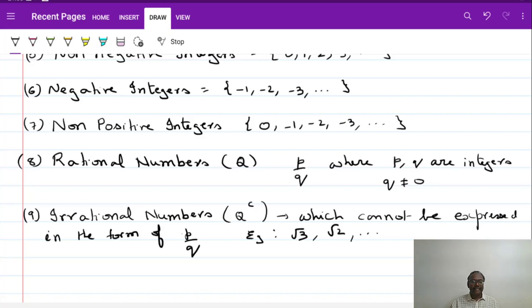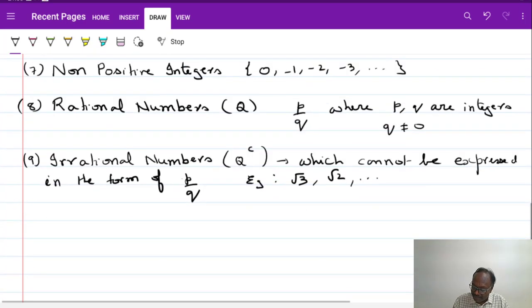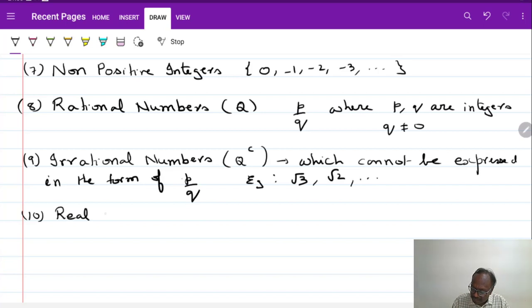Then the last is the real number system. Real numbers are nothing but the union of the rational numbers and irrational numbers.